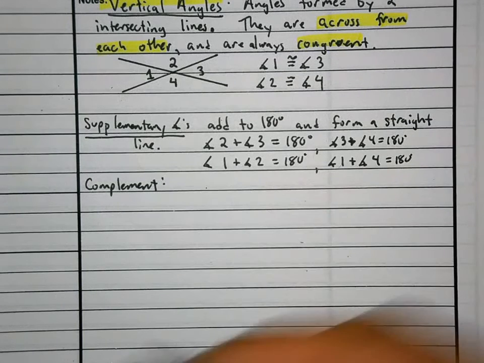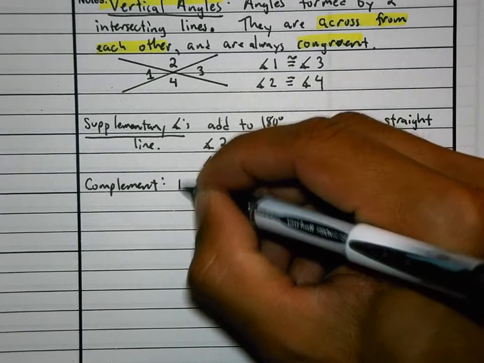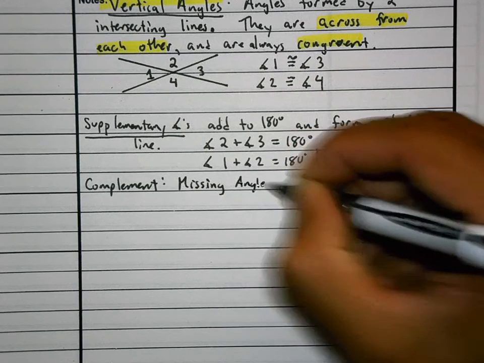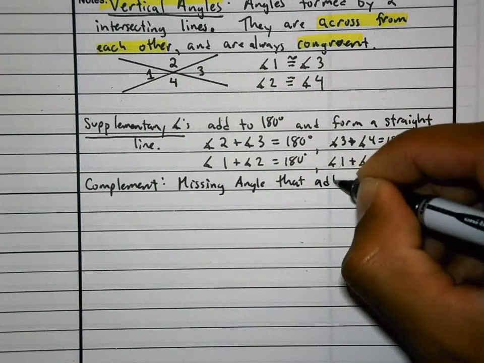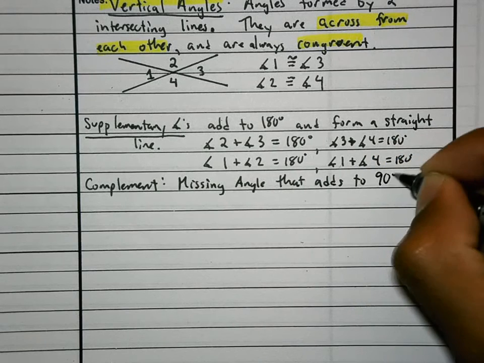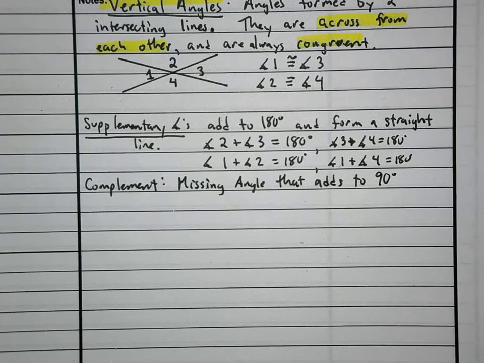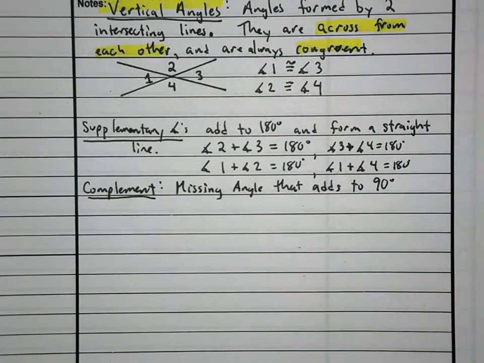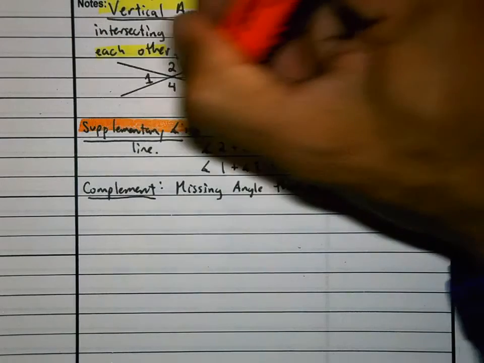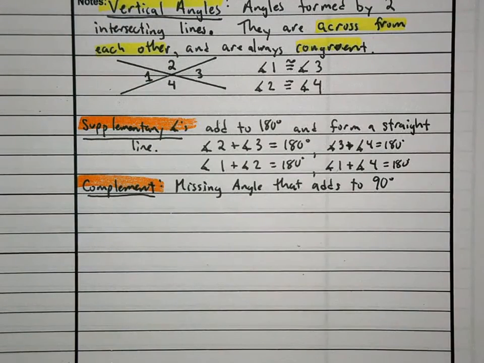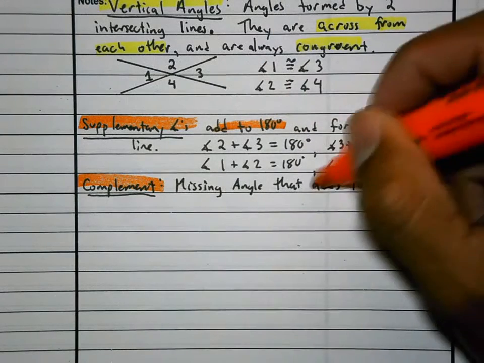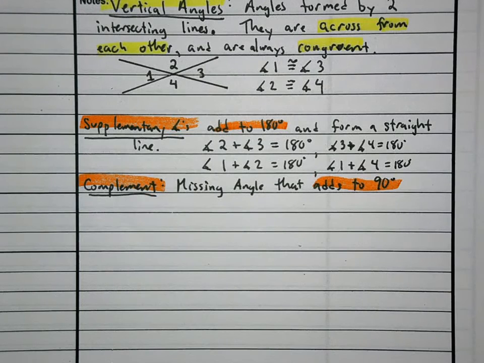So what we're going to write down is, it's the missing angle that adds to 90 degrees. I'm going to underline that word and do a little bit of highlights here. Supplementary, complementary. Supplementary adds to 180. Complement adds to 90 degrees. Two little different things there, but I'm going to highlight them because that's what we're supposed to know.